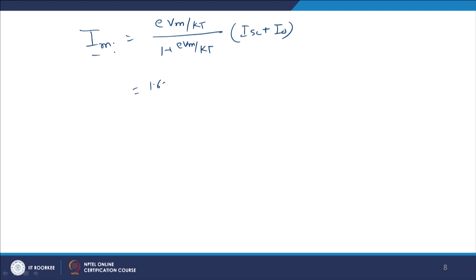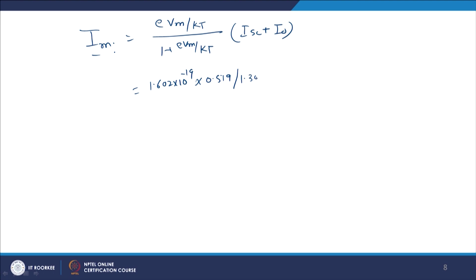Now, after Vm is known, we have to find the value of Im. Now, Im is equal to EVm by kT divided by 1 plus EVm by kT, times I short circuit plus I0. Now, again we will keep on putting the values. E is equal to 1.602 into 10 to power minus 19. The value of Vm is also known to us, 0.519, divided by kT.